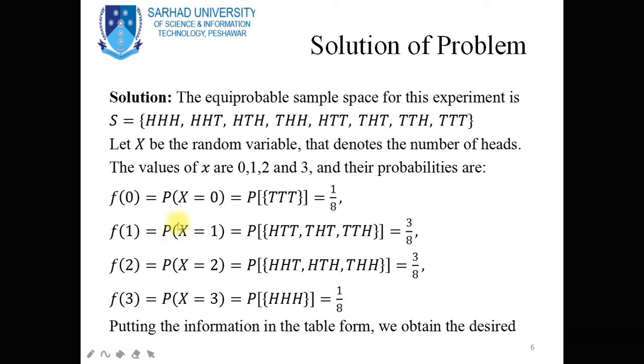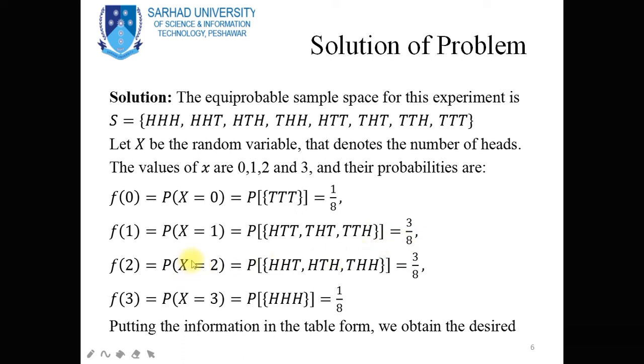Now X equal to 1 means the number of heads is 1. You see over here, head, tail, tail; tail, head, tail; and tail, tail, head. So there are three possible outcomes in which the number of heads is 1. So the probability for this random variable is equal to 3 by 8.